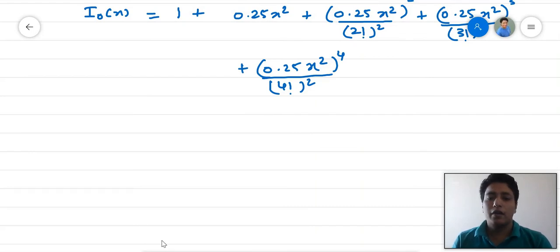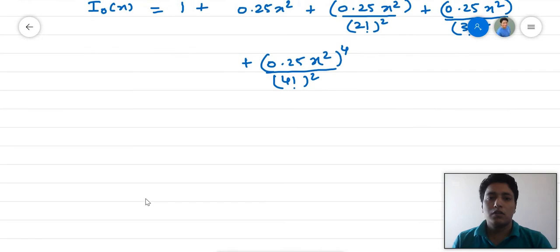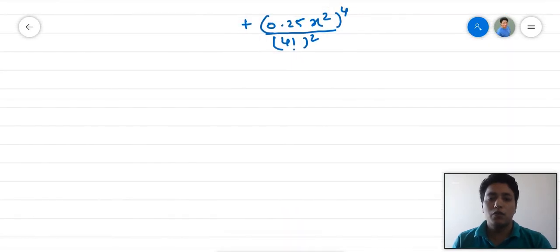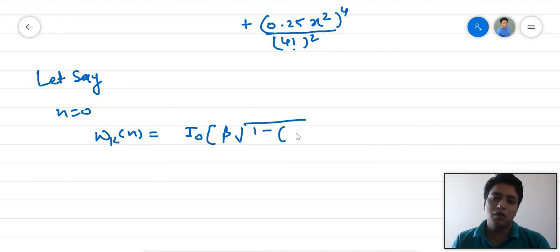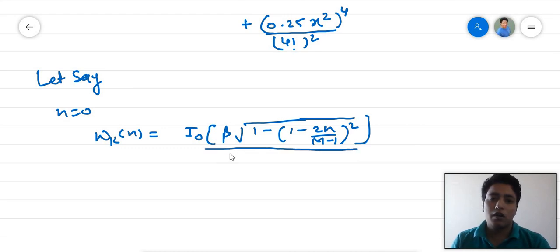We will try to find out some of the values of the Kaiser window. Let's say for n equals 0, Wk[n] will be equal to I naught of beta under root 1 minus (2n by m minus 1) whole square, over I naught beta.